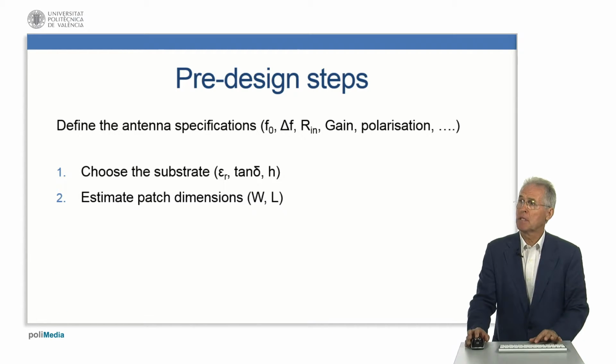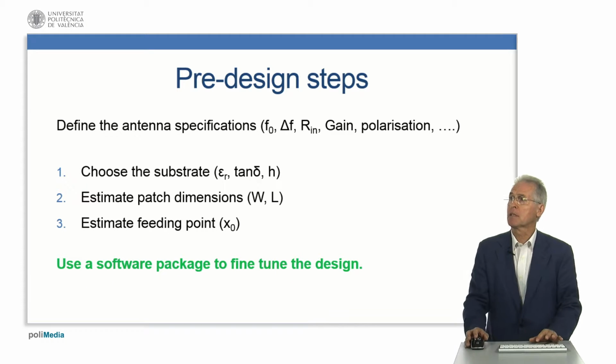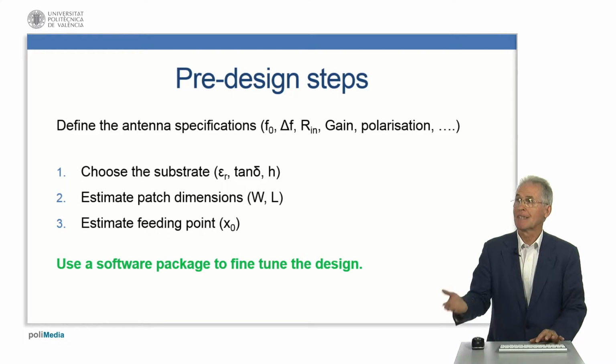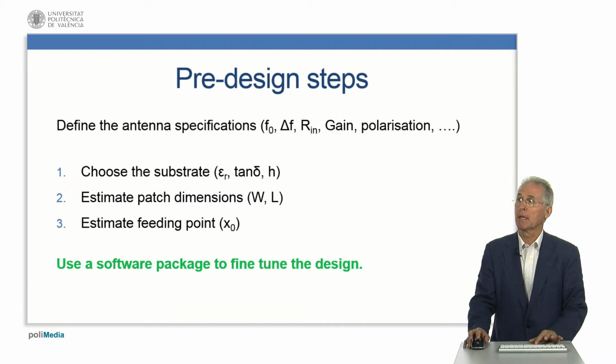The second step is to estimate the patch dimensions, width and length. The third step is to estimate the feeding point location, x0. To reach the first step of the design that appears after the predesign, we need to fine-tune the predesign procedure using a software package.